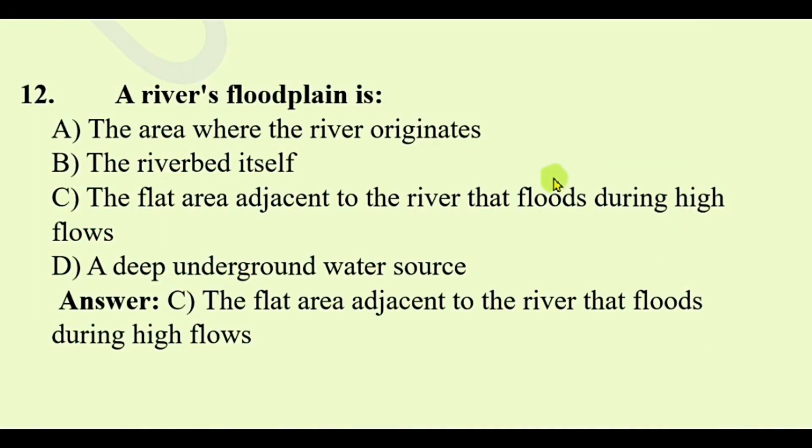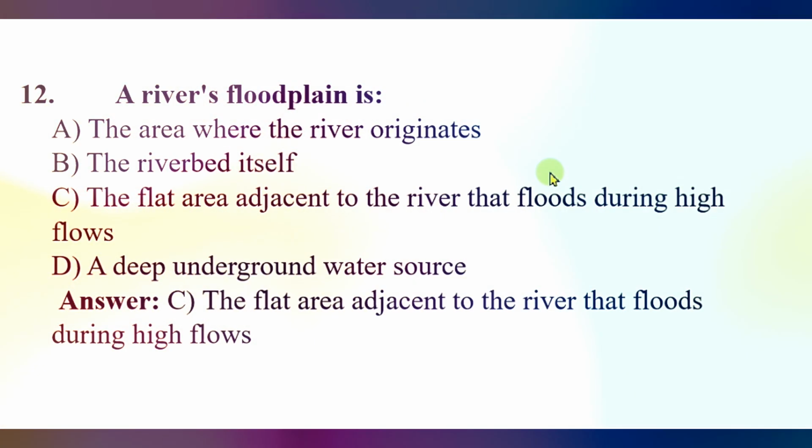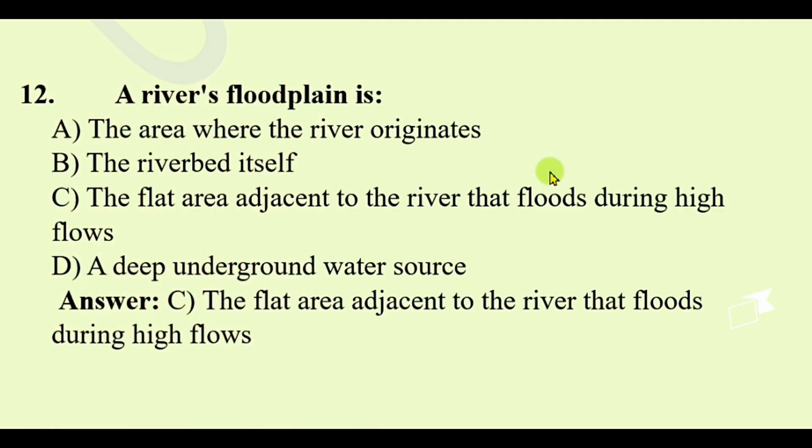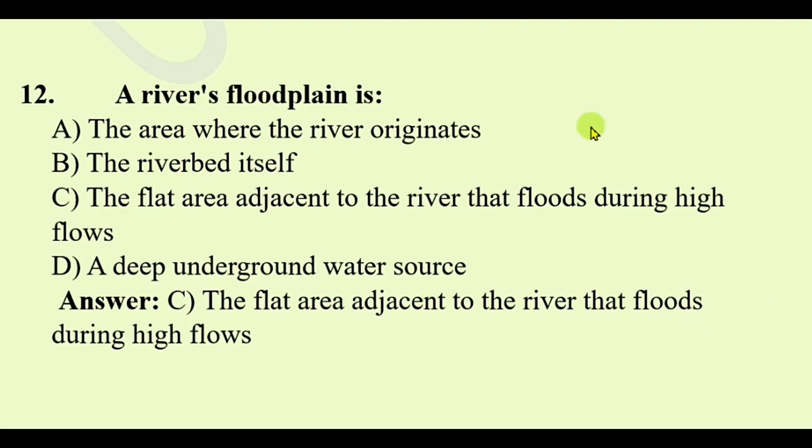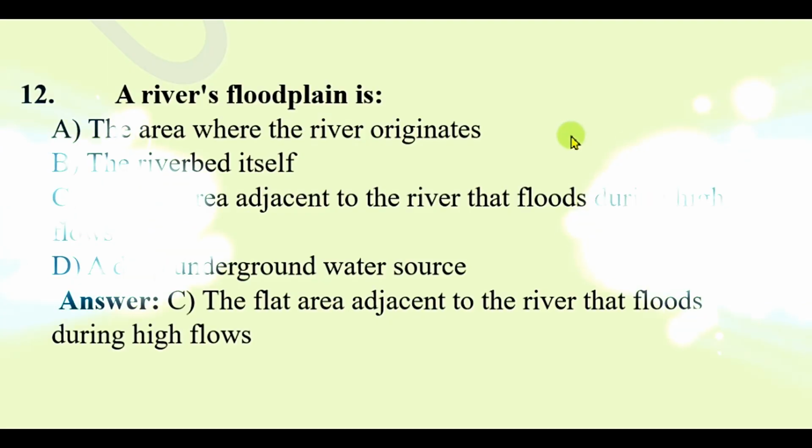Question number 12. A river's floodplain is the area where the river originates, the river bed itself, the flood area adjacent to the river that floods during high flows, a deep unchanged water surface. The flood area adjacent to the river that floods during high flows is called the river floodplain.